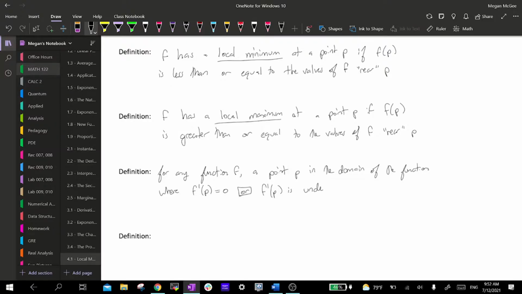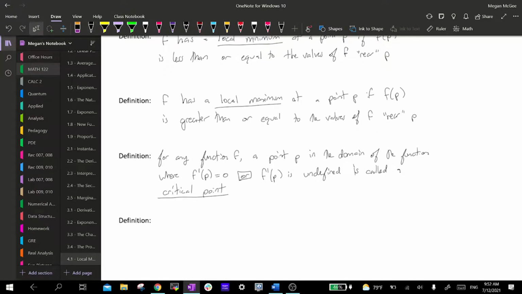We'll come back to that in a moment. Well, this is called a critical point. Okay? So either the derivative is 0 or it's undefined. Both types of points are critical points.